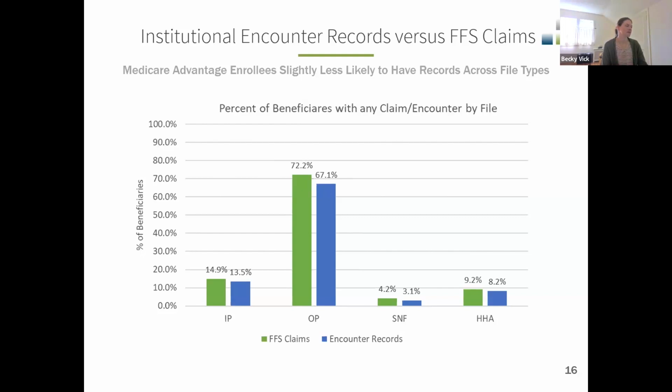And you can see how the same metric compares in the outpatient, skilled nursing, and home health files, similar and in the same ballpark, but Medicare Advantage is a little lower in each category.